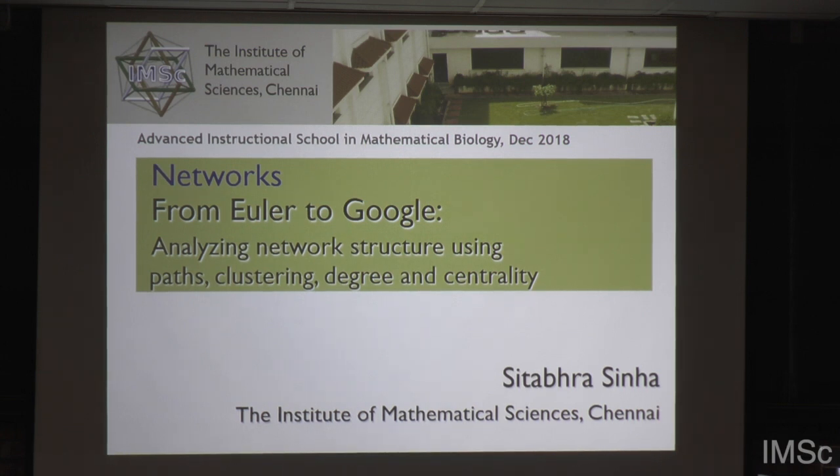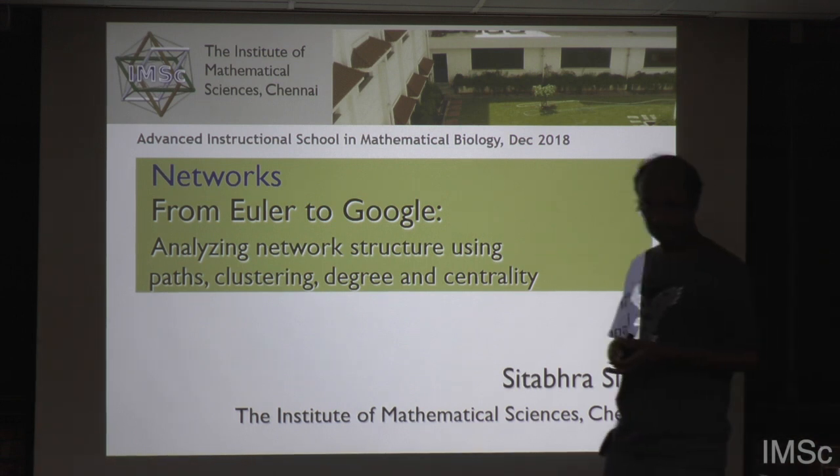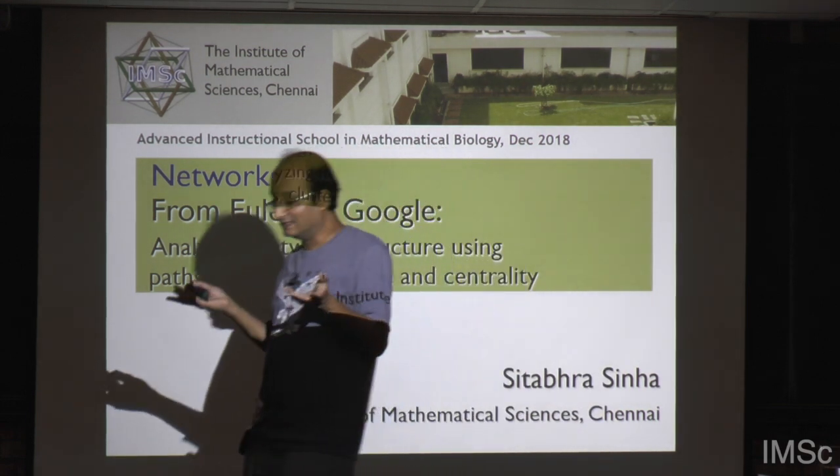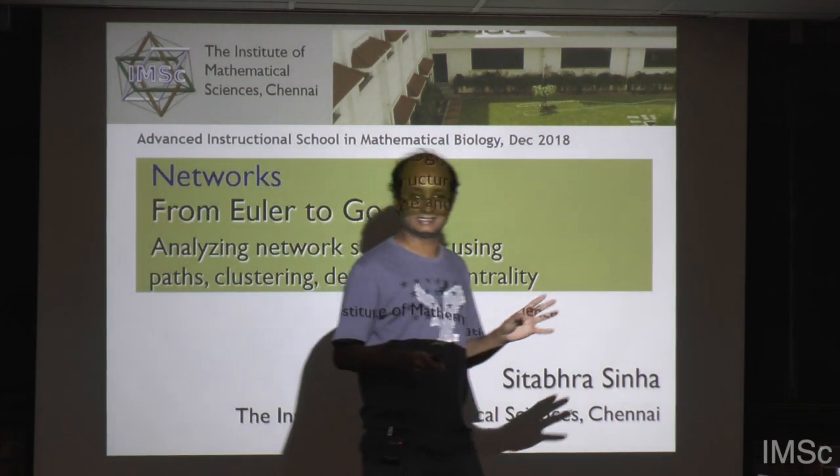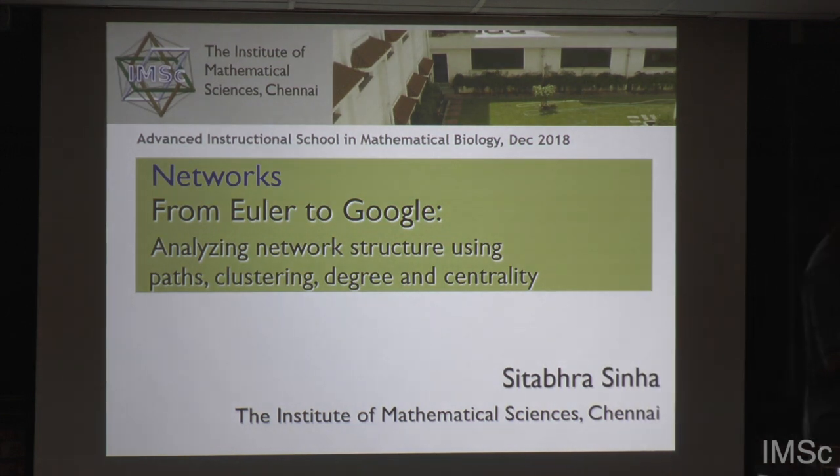I mentioned that just knowing the number of nodes and edges doesn't really tell me too much about how the network is structured. So I might need to know a few more things like what's the average path length, what's the maximum degree, what's the degree distribution, and so on. I'm going to define all these quantities in today's lecture, and connect them to some real systems to show how you can use these metrics.